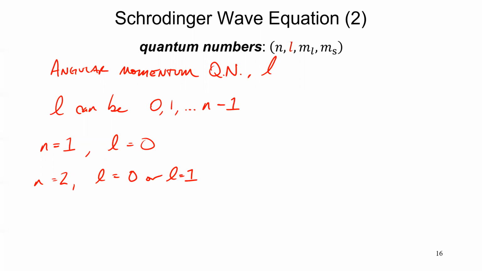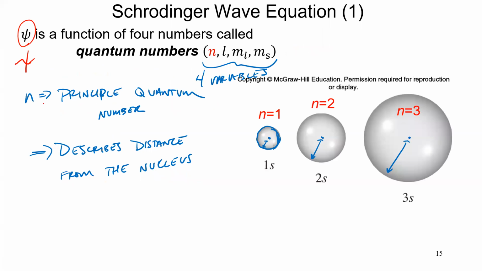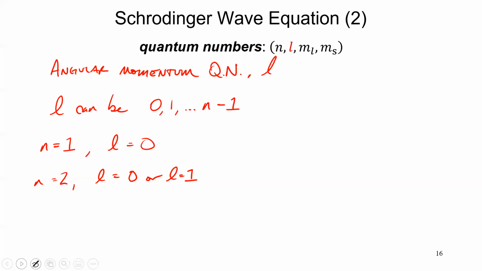For each value of L, we call those different subshells. So for n, let me just go back real quick. It describes the distance from the nucleus, and we call these shells. For L, we call these subshells. And these subshells have very particular names.